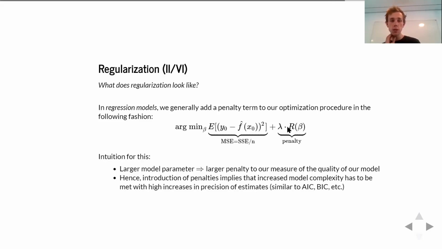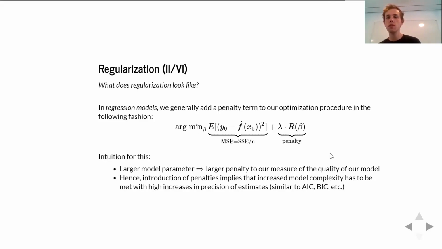The intuition for this is that when we choose larger model parameters, we will obtain a larger penalty to our measure of the quality of the model.